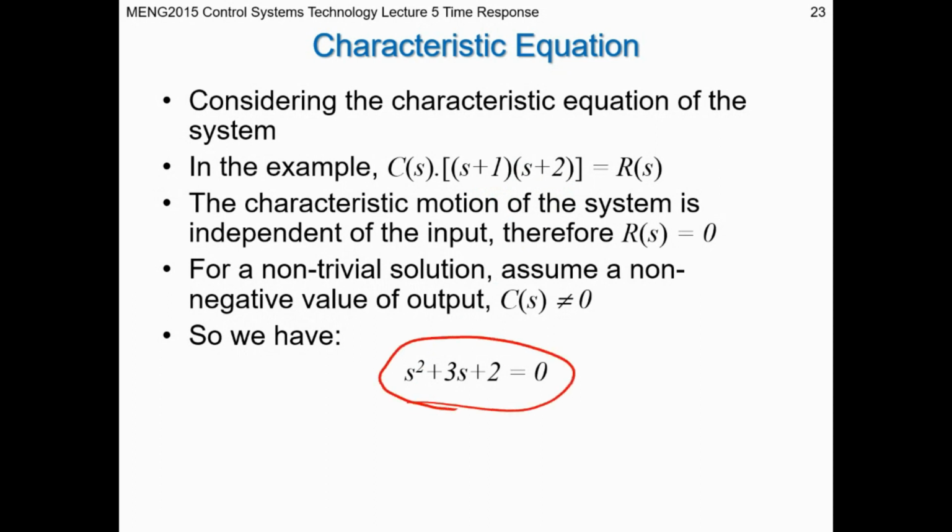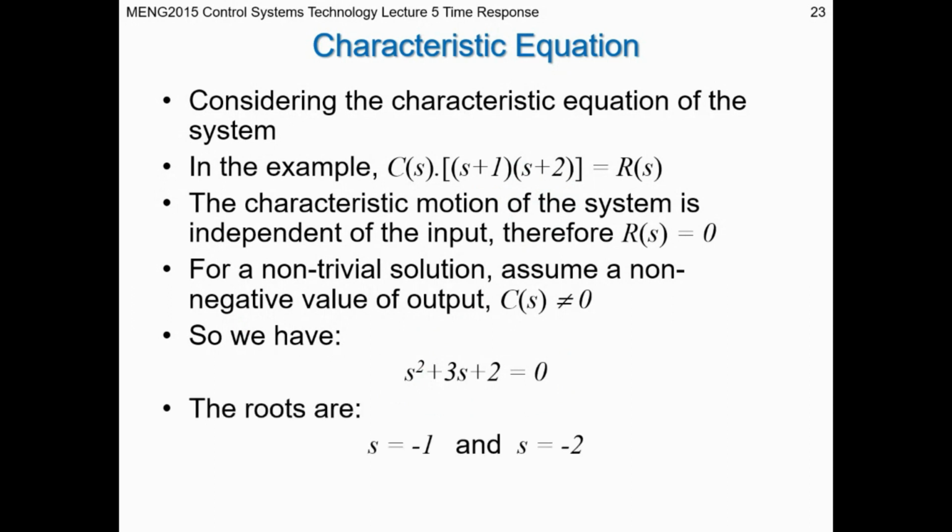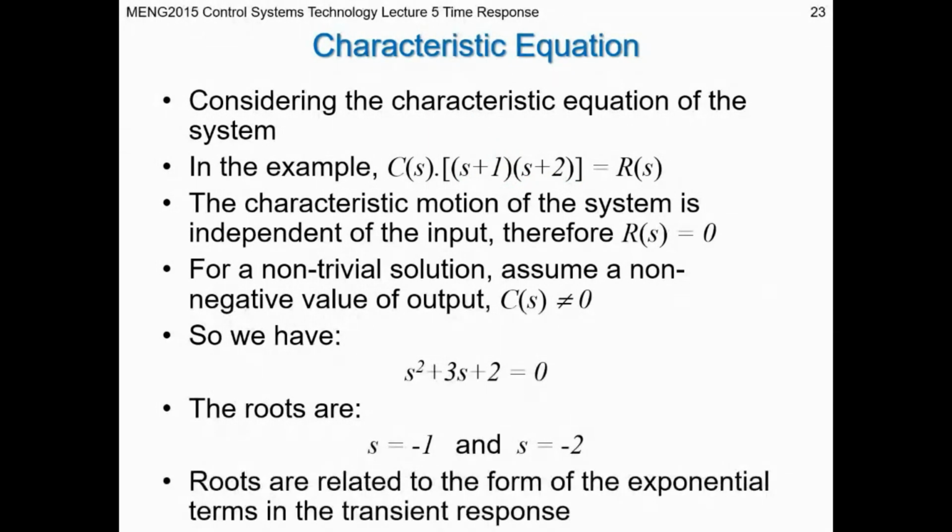This is our characteristic equation: S squared plus 3s plus 2 equals 0. And the roots of our characteristic equation are s equals minus 1 and s equals minus 2. Well, that's obvious anyway, because we started with s plus 1 and s plus 2. So obviously the roots are minus 1 and minus 2.